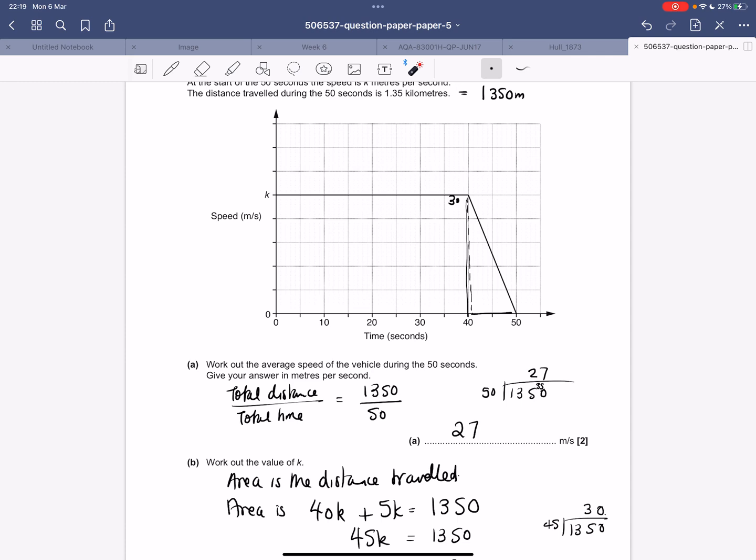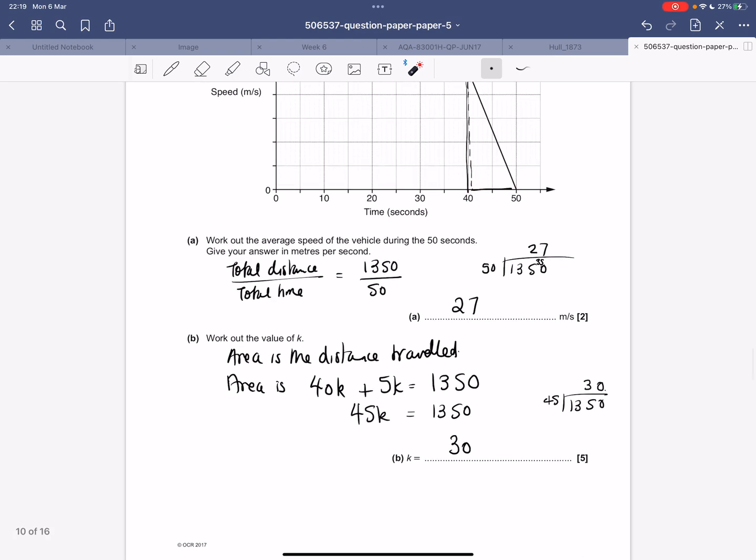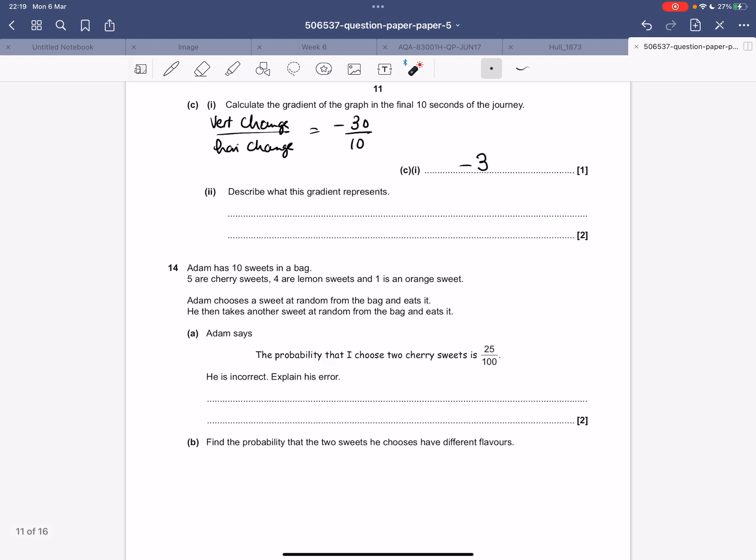We're doing the vertical change divided by the horizontal change, so it's meters per second divided by second. It's meters per second per second. So it's an acceleration, which is actually in this case a deceleration.